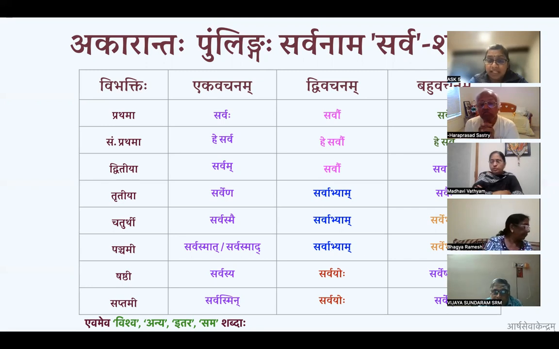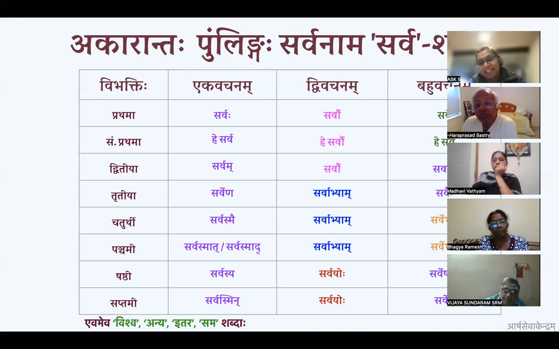But the problem in sarva shabdaha is understanding the bhavarthaha. Atra arthaha kaha iti prathamam avagatya eva anantaram agre gantum shaknumaha. The problem with sarvaha is in English, when we do translation, it means all. We automatically want to go into bahuvachanam.